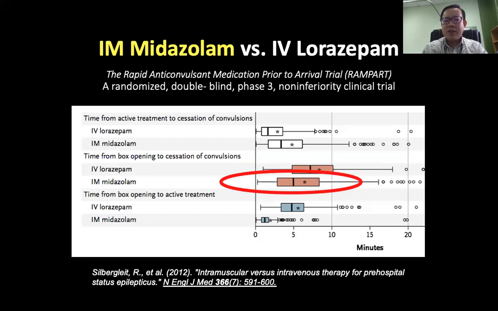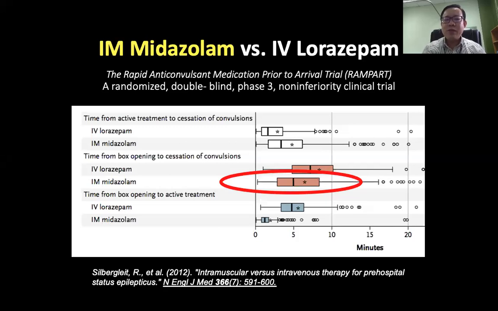In this RAMPART trial for pre-hospital administration, they realized that midazolam is actually as good as lorazepam because it's easier to give. It doesn't need an IV line, doesn't need to set a drip, although it takes longer to achieve bioavailability, yet it's easier to give, and therefore the effect is as good as IV lorazepam in the ambulance or in the pre-hospital setting, or even when the patient arrives in the casualty.